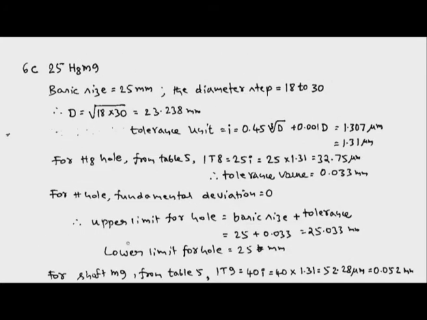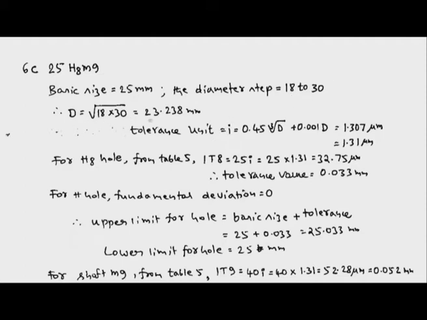Now we will move to the next problem, where the hole shaft combination is 25H8M9. So the basic size is 25 millimeter, and this falls in the diameter step of 18 to 30 millimeter.